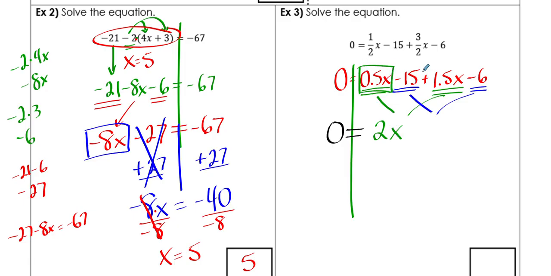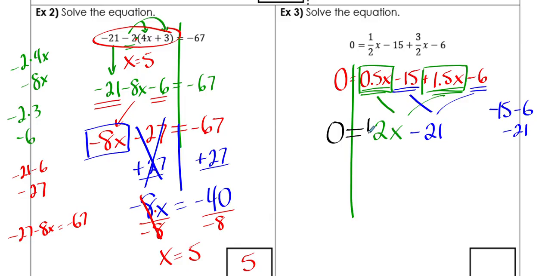Remember, if it started with an x, it has to keep that x. We're just adding those two together. That becomes that new number in front of the x. So we have 2x minus 21. It's negative 15 minus 6. That's negative 21. That becomes minus 21 in the next line.